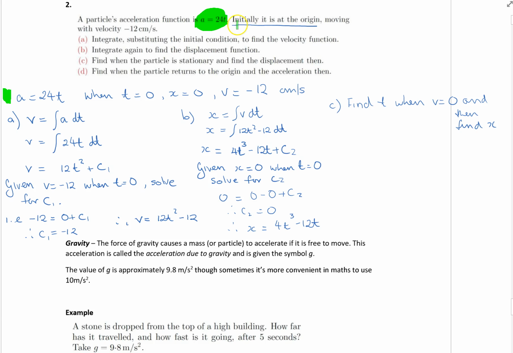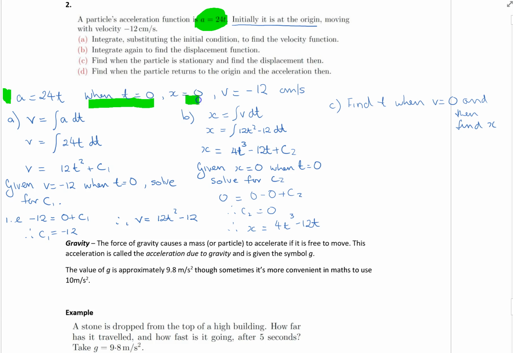In that one word initially, you can see I've acknowledged when t is equal to 0. It is at the origin tells me about its location, its displacement. And I note that mathematically with the letter x, because that represents displacement, and the origin is 0.